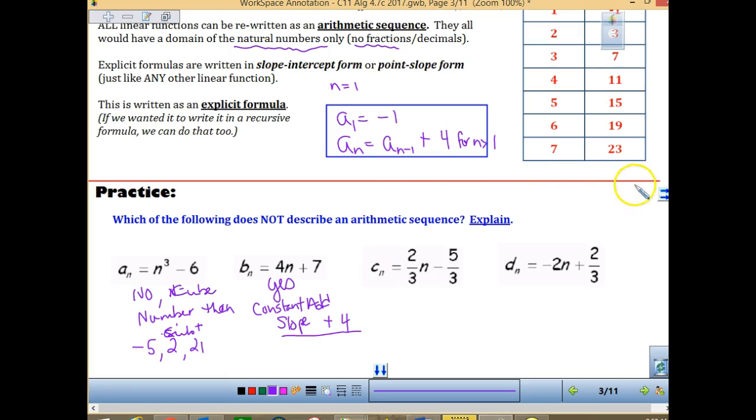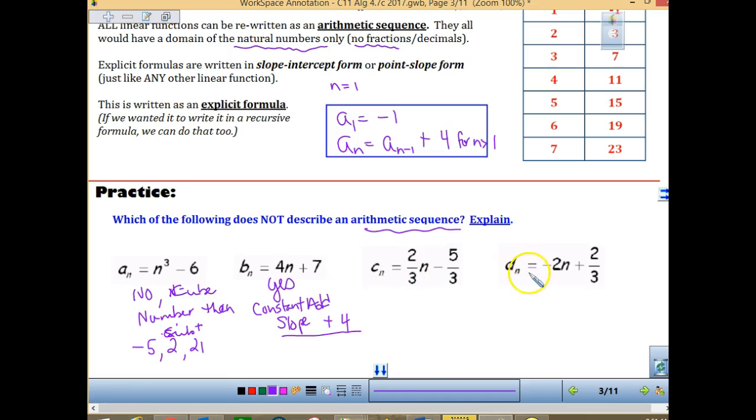So if you have an equation in slope-intercept form or point-slope form, it's linear. Linear means x is to what power? 1. x is to the first. If you have x to the first and you have something times it, it is going to be arithmetic because you have a constant slope.